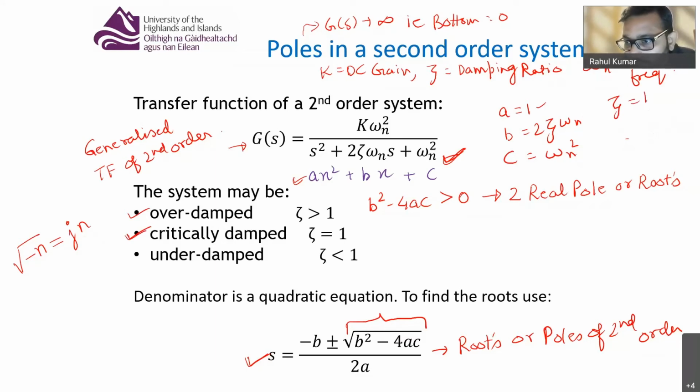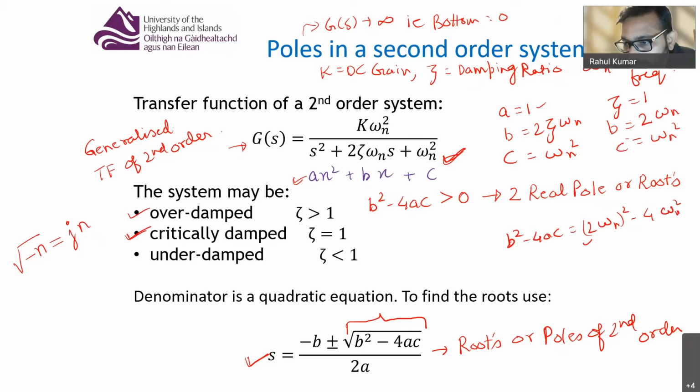Zeta is equal to 1. So B will become 2 omega n, and C is your omega n square. Again, if I calculate B square minus 4AC, I will get 2 omega n, this whole square, minus 4, where A is 1 and C is omega n square.